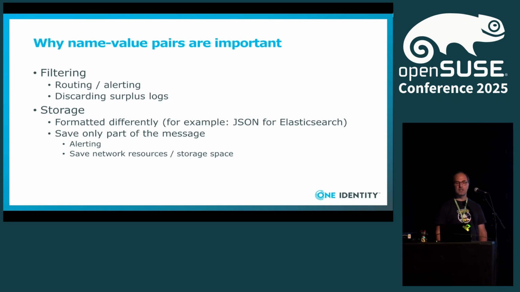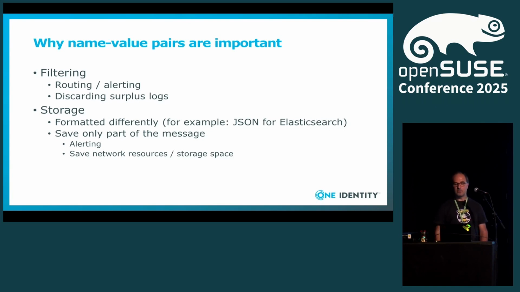The first one is filtering or message routing. So you can use filters to make sure that all of your authentication-related events reach your SIEM system for further analytics. But you can also use filtering to discard any surplus log messages.